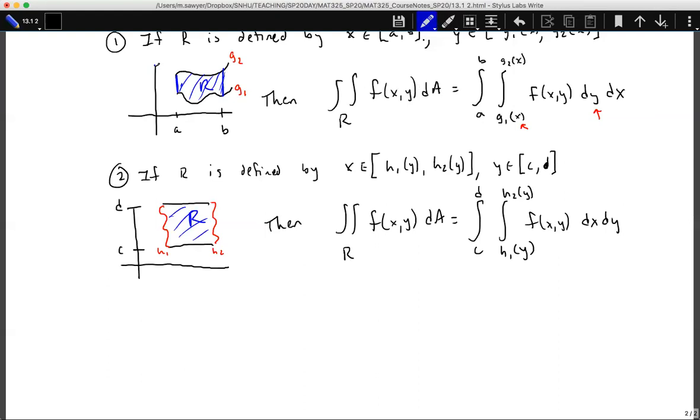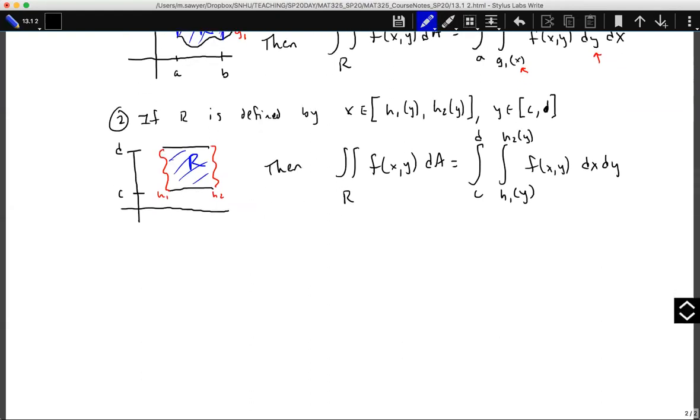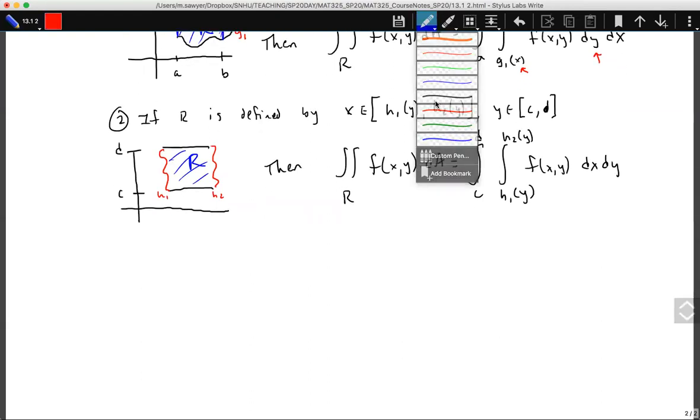So Fubini's theorem says that depending on the way you draw the region, you can choose to integrate with respect to x first or integrate with respect to y. The key point with Fubini's theorem is that you have to preserve the region.